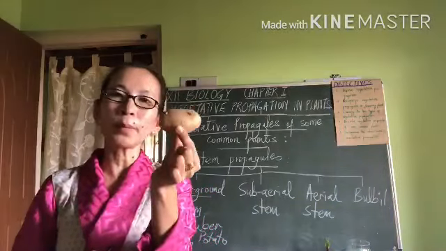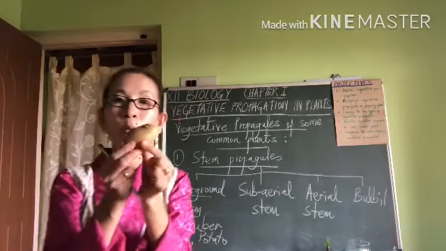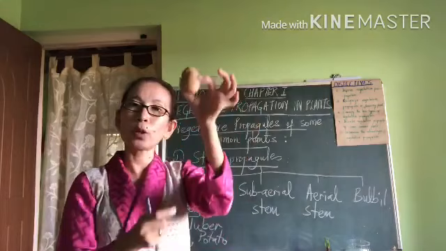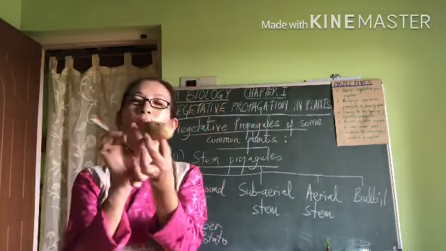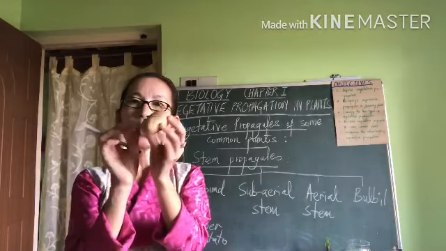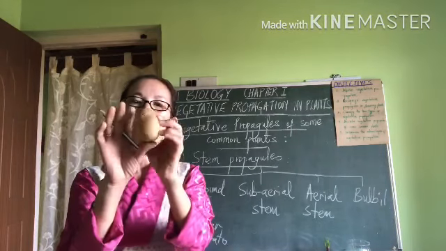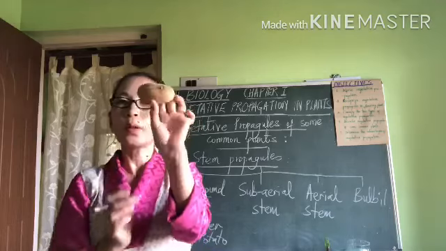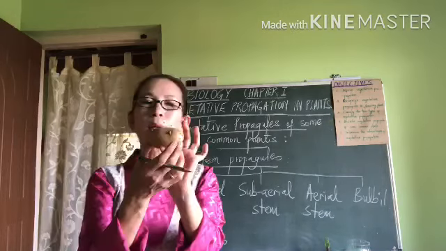It's not a normal stem, it's a modified stem because it grows underground, and it's not like the other stem. It's not erect, it's not supportive. It is fleshy, thick, all right, a kind of swollen stem which you find underground.